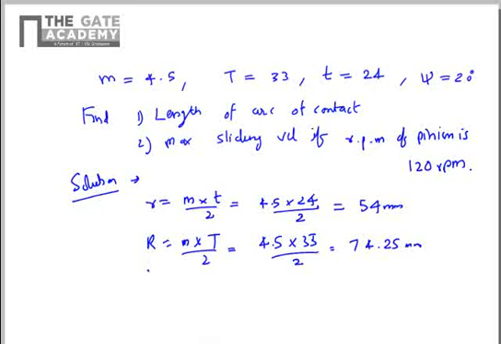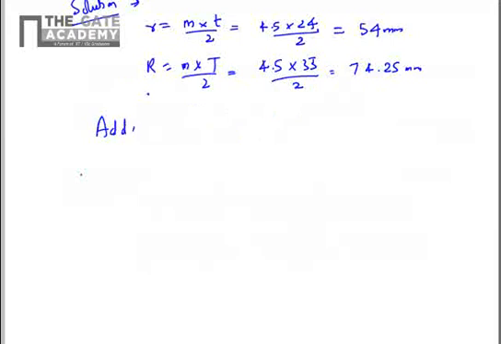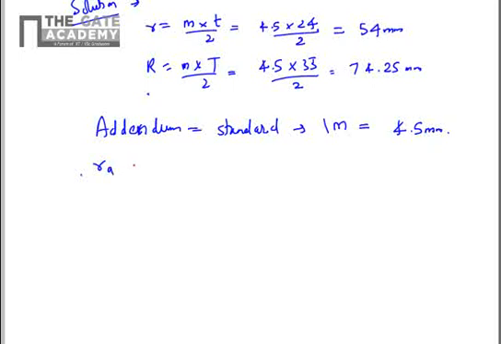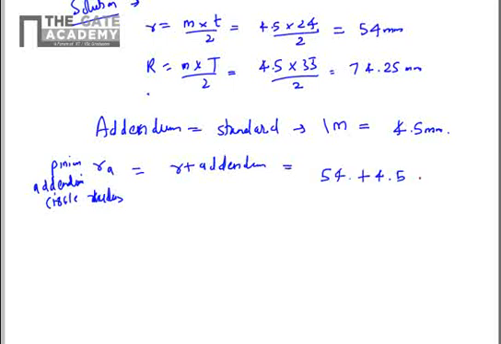Now the addendum is standard. Addendum is given as the standard addendum of British units, and that is equal to 1 into module. So the addendum for both the wheels is 4.5 mm. So the radius of the addendum circle for the pinion is equal to r plus addendum, which will be equal to 54 plus 4.5, equal to 58.5 mm.